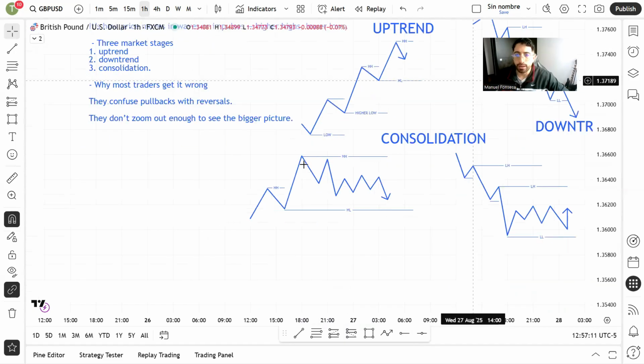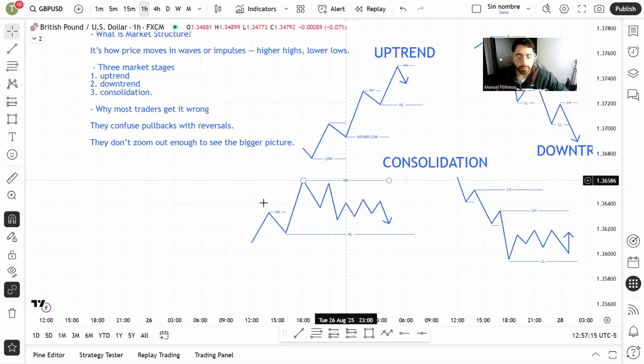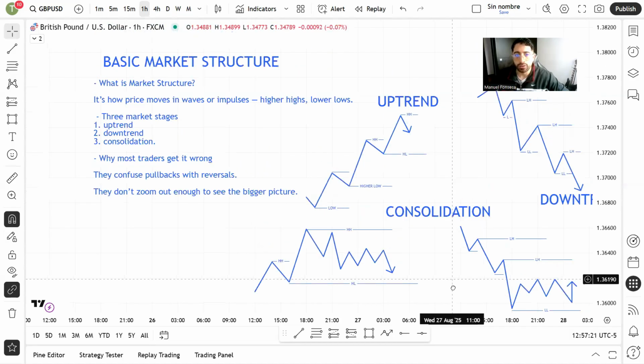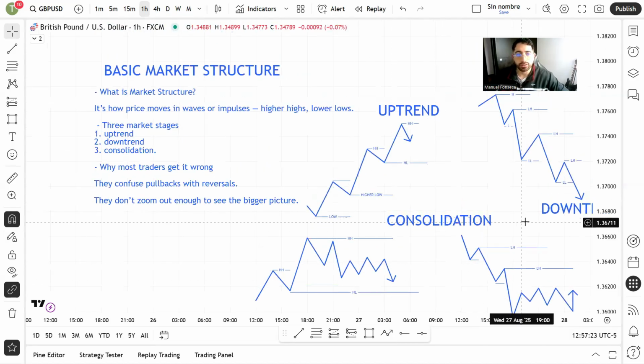And then we have consolidations. Consolidations are created when the price is going in an uptrend or in a downtrend.